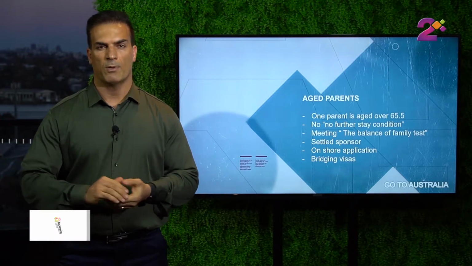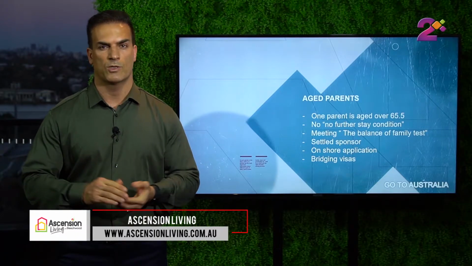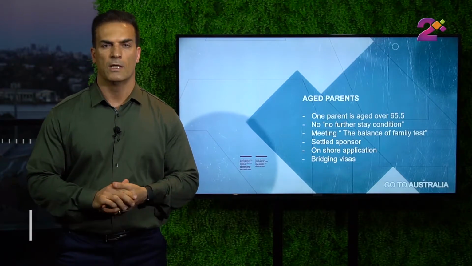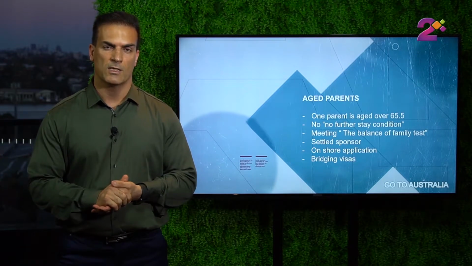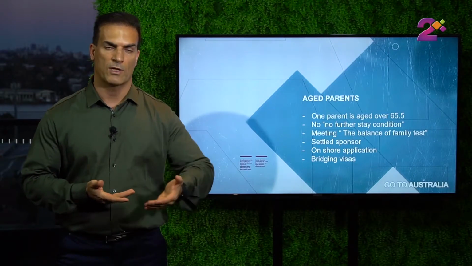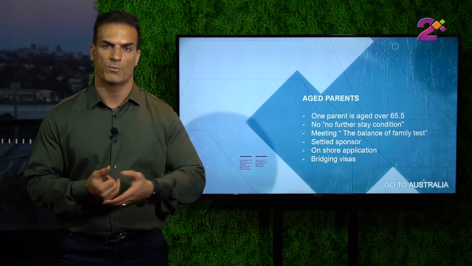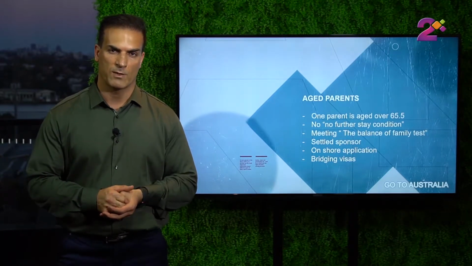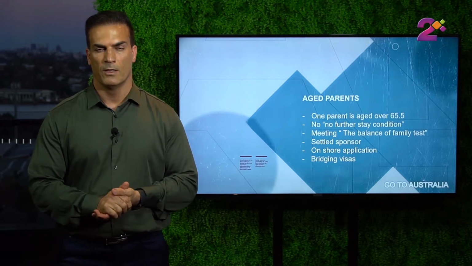So let's say you apply for a non-contributory aged parent visa, which could take 20 years to be processed. Because you're over a certain age and you apply in Australia, you will get a bridging visa and you can live in Australia legally for the next 20 years while your application is being processed. This is the big benefit.